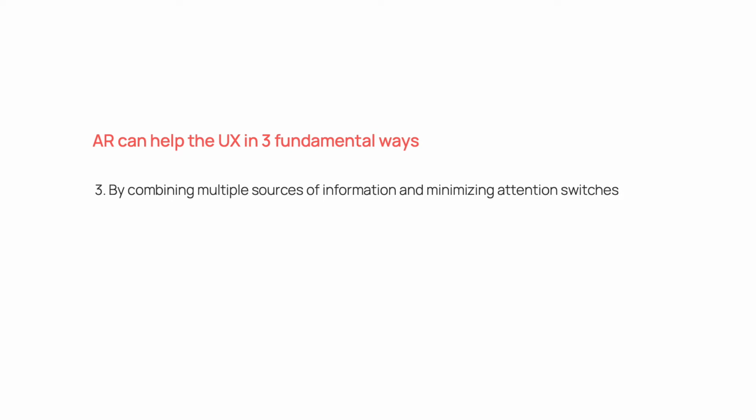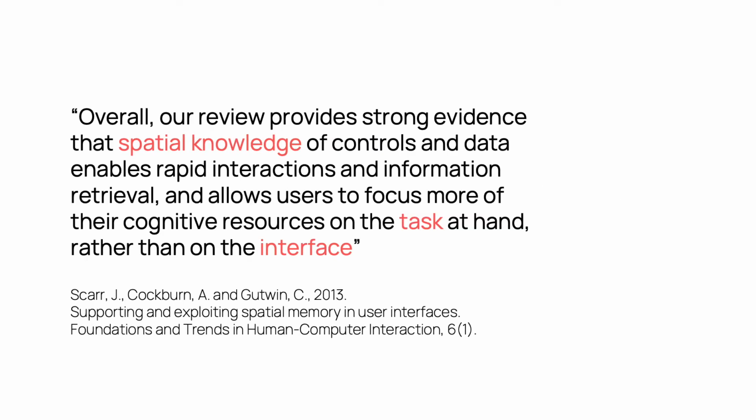But with augmented reality, the two sources of information are combined, because the relevant information is displayed in an overlay on top of the part itself, so the mechanic won't need to divide attention. So it's helping to minimize this attention switch.